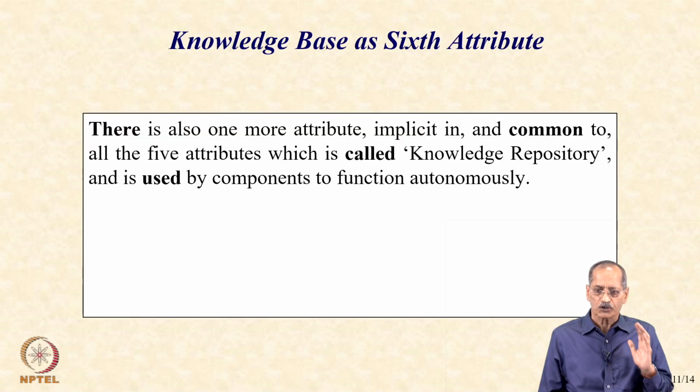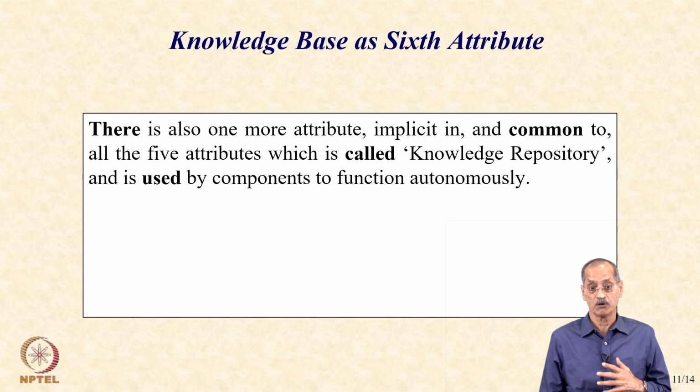Now, having talked about these 5 attributes, there is something I have not yet talked about, but it is critical that I introduce the 6th attribute, called the knowledge repository. This is something so intuitive to all of us that we never think about it. How many times have you said, "I know it"?